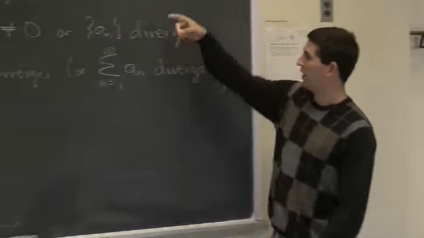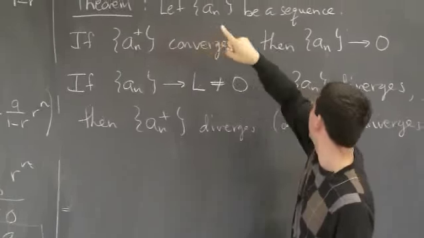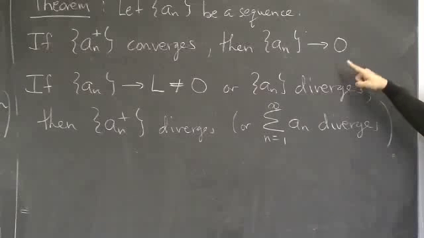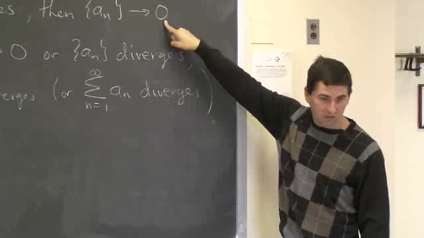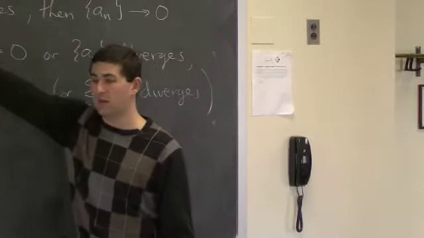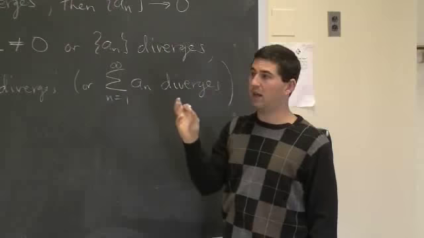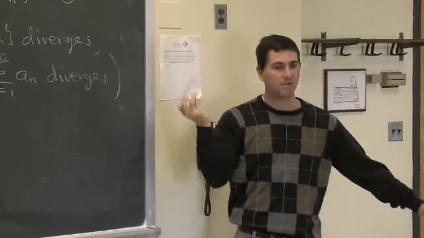So what's the converse of this? The statement says if the sum sequence converges, then the original sequence converges to 0. The converse would be if the original sequence converges to 0, then your sum sequence converges. So if your sequence is converging to 0, then the series should exist and converge. That's what the converse would say.